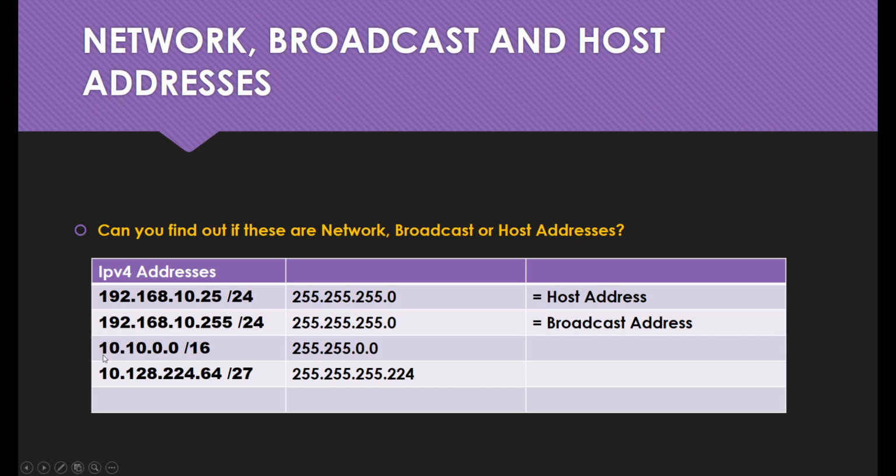Remember, 10 for the first octet falls into the range of 0 to 128, which is class A. And we also know that class A should have a subnet mask notation of /8, but this time we have /16, which includes the second octet's 8 bits. So this has been adjusted, and it means that this is a classless way of addressing the IP address.